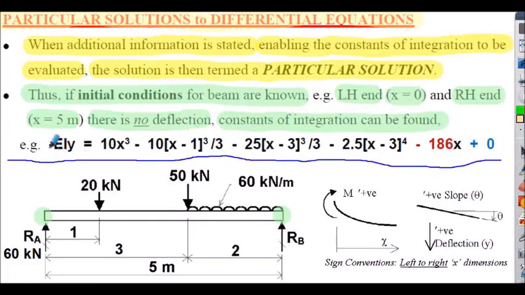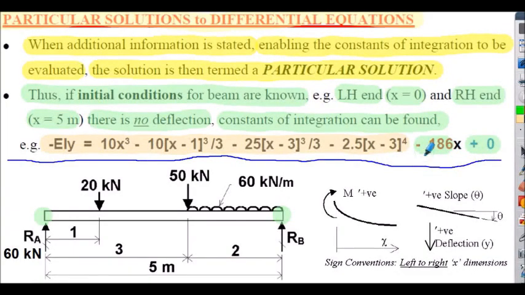So here's a repeat of the equation from the previous slide, but notice this time we have constant C1 calculated, and constant C2 in this case calculated to be 0. So that equation relates to a particular solution.